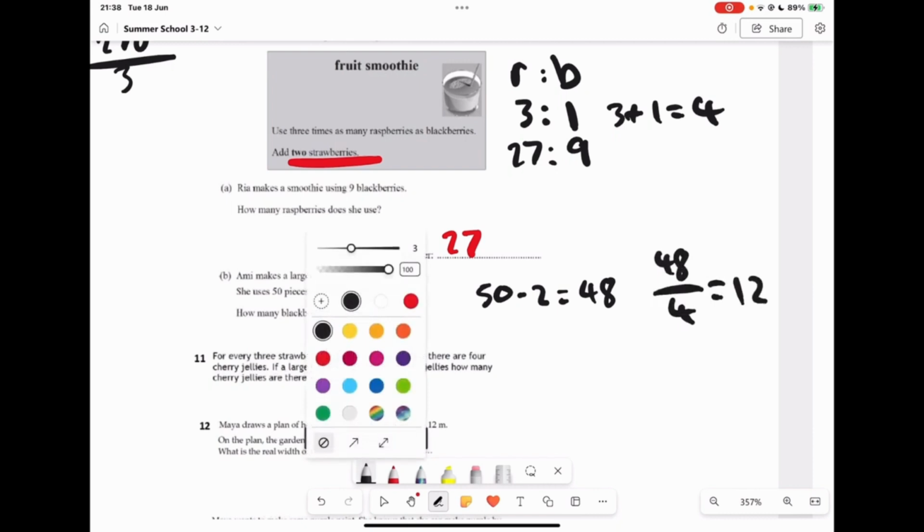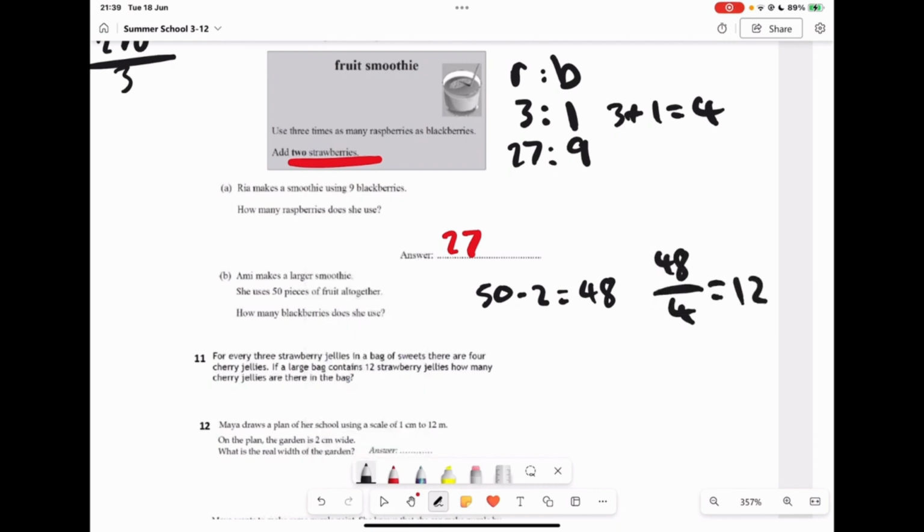And then what we do with this is we take our 12, and we know that that is the scale. So what we've got to do is take our 12, and that's going to be the number of blackberries. So the answer for part B is 12.